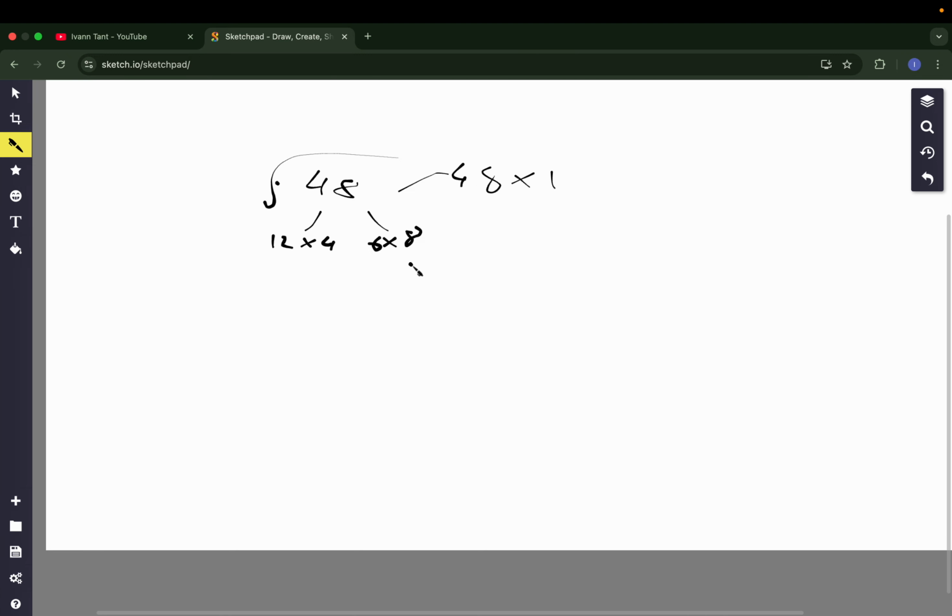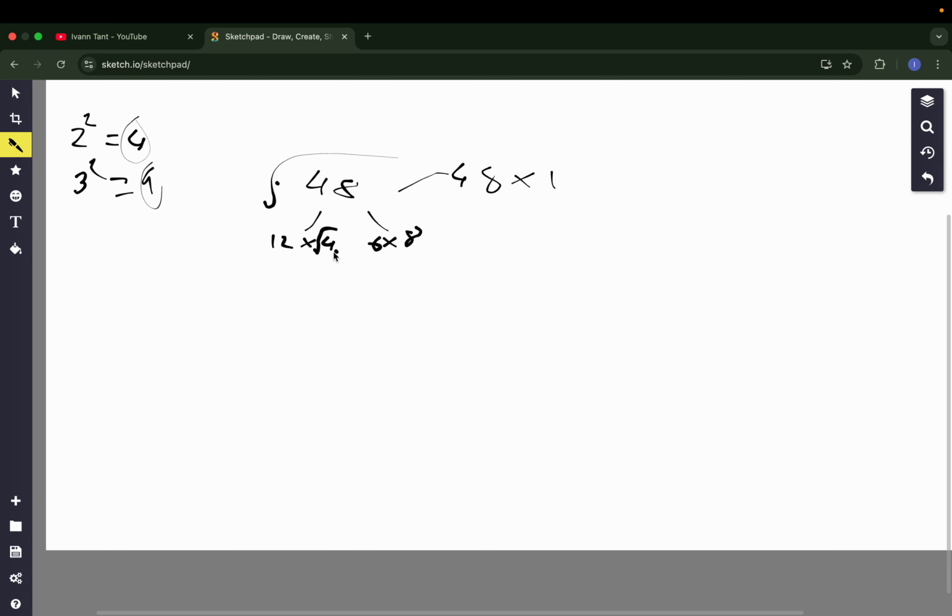Using our previous knowledge, we have to find a square root, and I forgot to mention before that our square numbers are 2 squared equals 4, 3 squared equals 9, and it just keeps going. So in our first one, we can already see that there's a square root of 4.